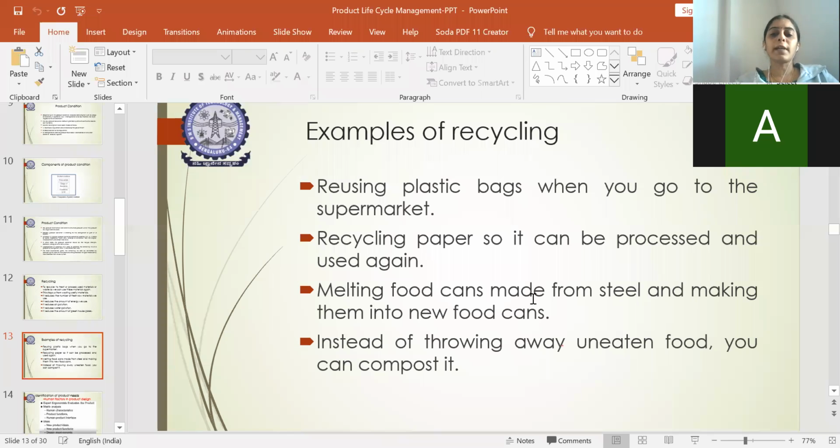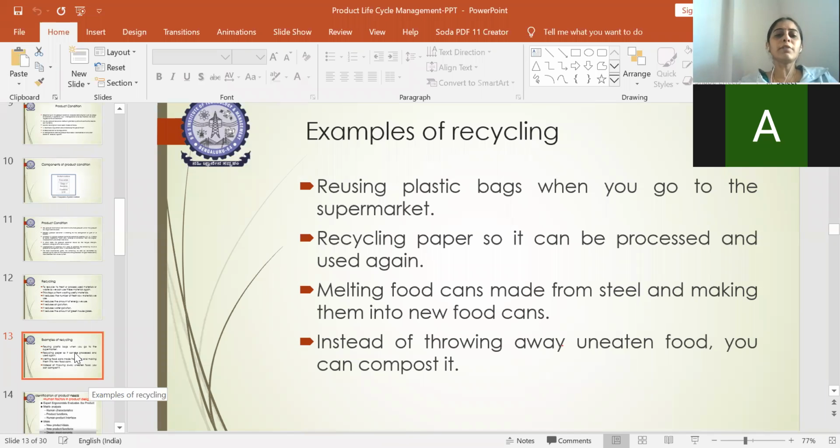And even the food cans which are made from steel, when you use them for a longer run, they get damaged, and the same material could be recycled to manufacture a new food can made up of the steel material again, so that it can be reused. So these are some of the examples of the recycling concept of any product.